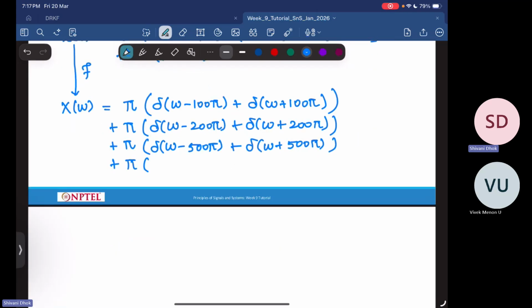So pi times delta omega minus 1000 pi plus delta omega plus 1000 pi.